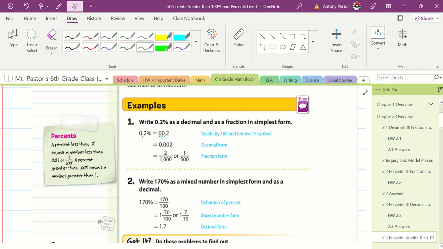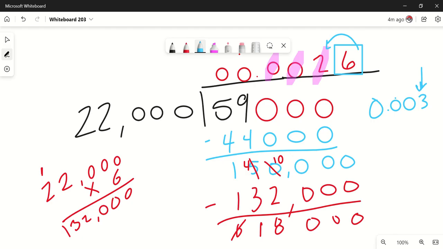0.2% as a decimal would jump to the left twice, 1, 2. This way it would be 0.002. It's very important that we pay attention to this. So again, let me go ahead and do this and highlight this.